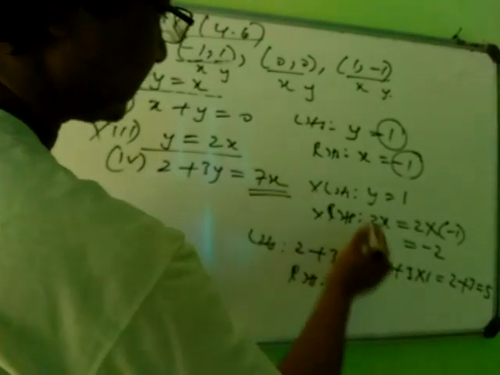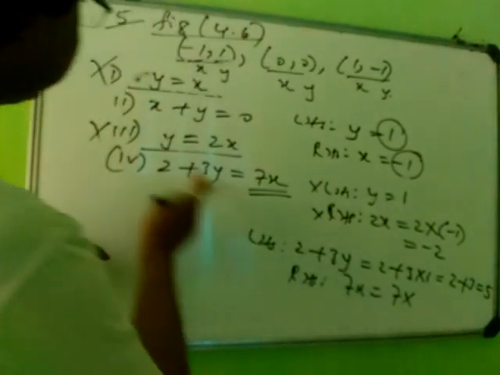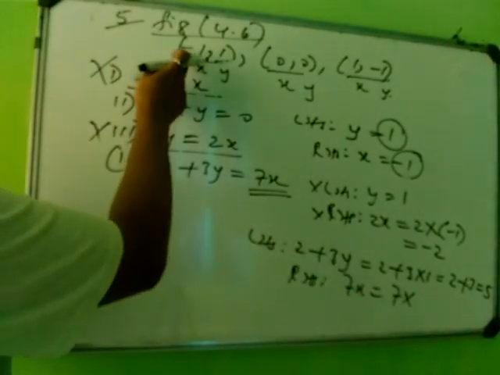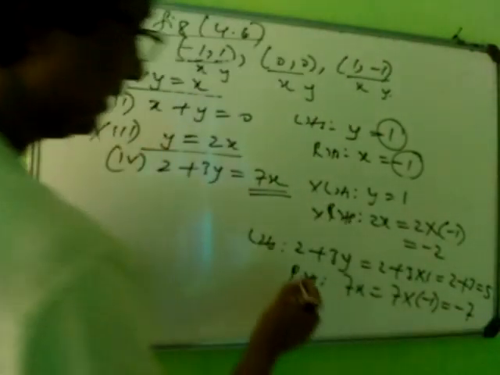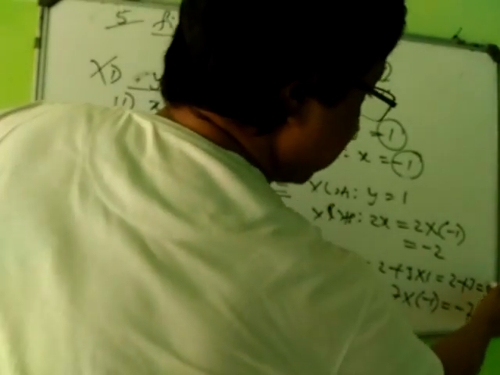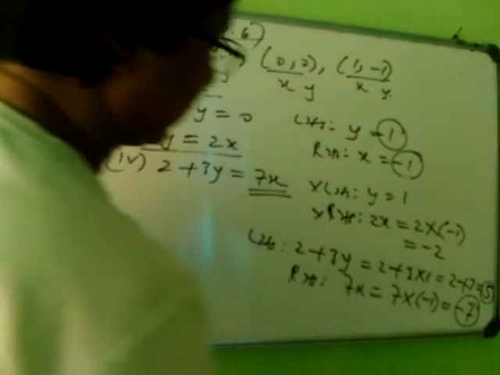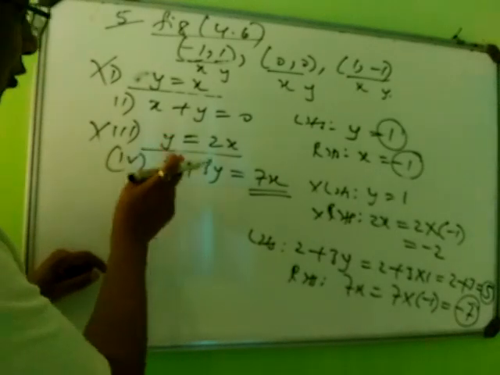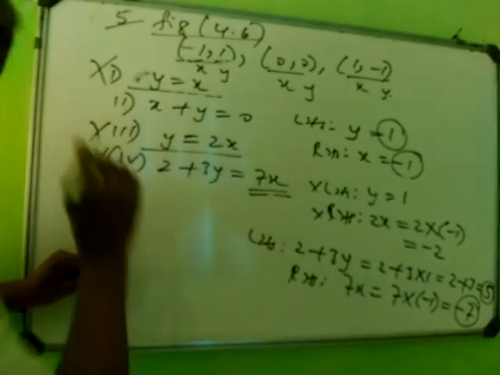It is 7x, so 7 into x, where x is minus 1. You will have got minus 7. Now did you get these two values the same? You did not get these two values the same. That means the left hand side is not equal to the right hand side. So this also cannot come.